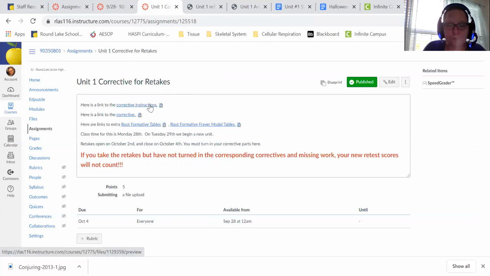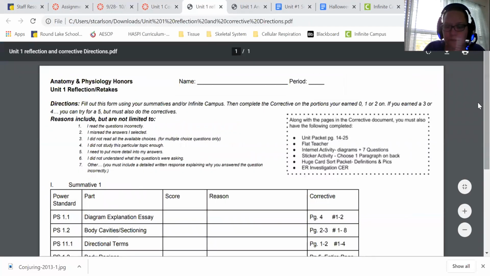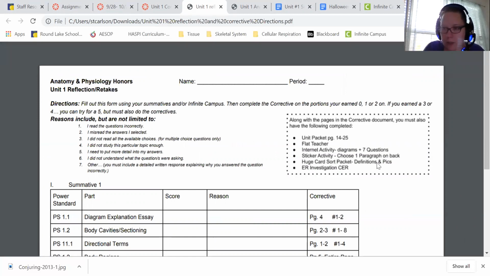Okay, the first thing I'm going to do is show you what the instructions look like and then go to the actual corrective. So the instructions page, if you click on that, brings you to this. There's a couple things to notice. This dashed text box shows you probably the most important things that you should have accomplished.